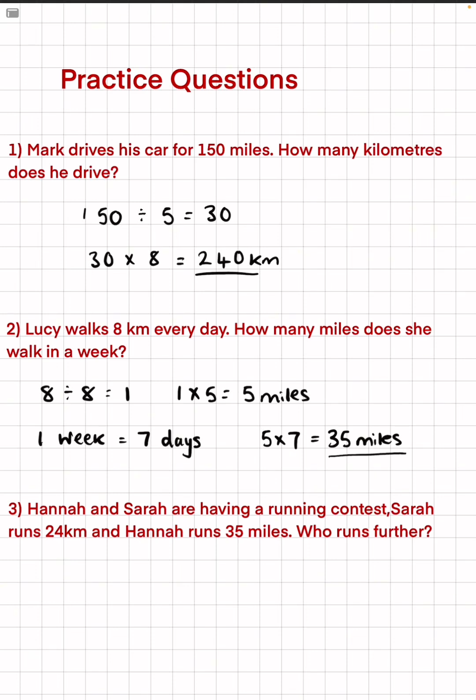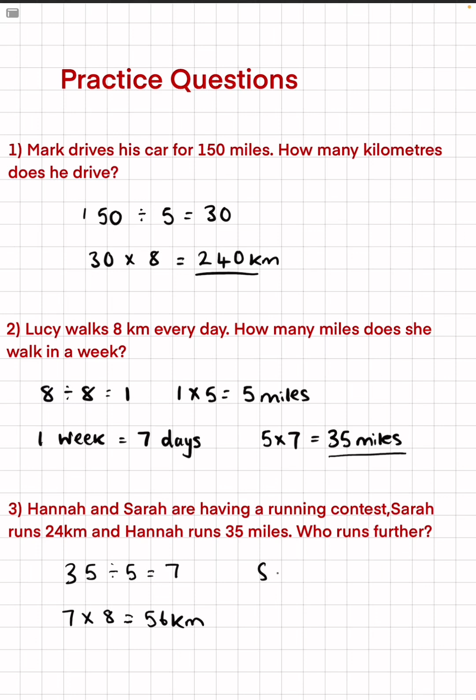To convert miles to kilometers, we need to divide by 5, then multiply by 8. 35 divided by 5 equals 7. 7 multiplied by 8 equals 56 kilometers.